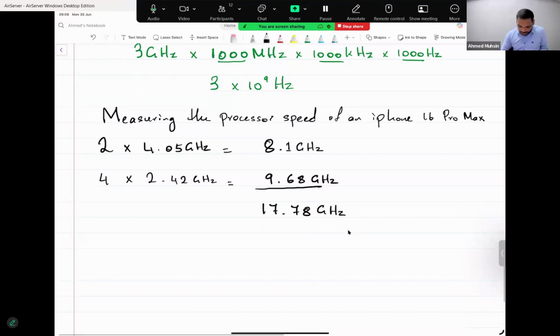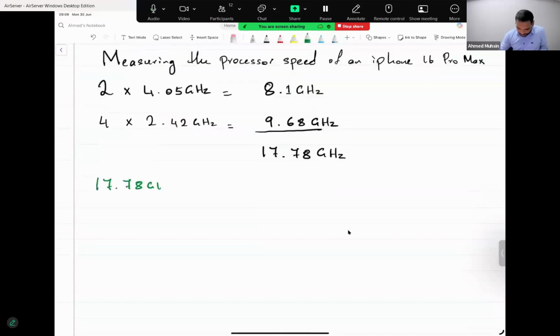Then from this, where do we go? 1000 kilohertz. Then from this, where do we go? 17.78 multiplied by 10 to the power of 9. There are 9 zeros.